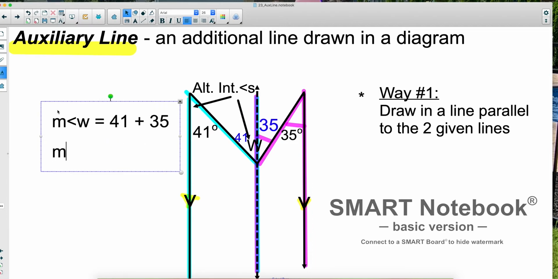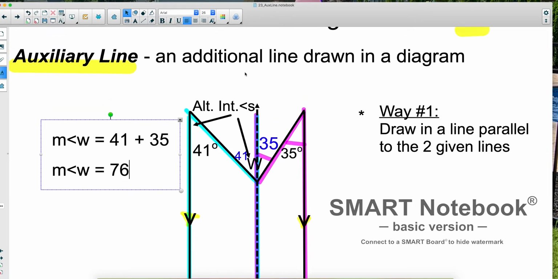So measure of angle W equals 76. Okay, and there we have that. So that's one way. And it just so happens to be that both of these relationships are alternate interior angles with this diagram. Not always the case, but this is the specific case here.